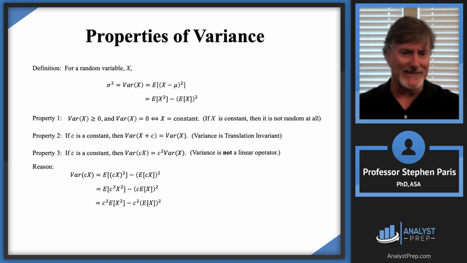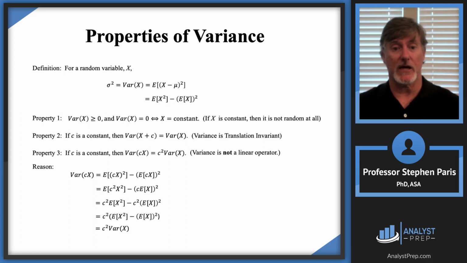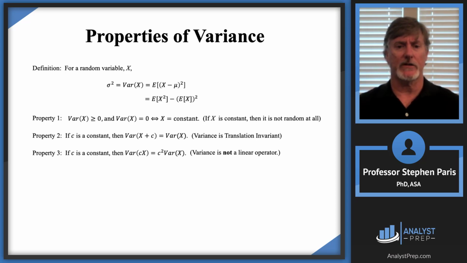So I'm getting C squared times the square of the expectation of X. At this point, I have a two-term expression, and both terms have a C squared. I can factor it out. And after I factor it out, I recognize that what's left is just the variance of the random variable cap X. And so I get the result here that the variance of a constant times cap X is equal to the square of the constant times the variance of cap X.